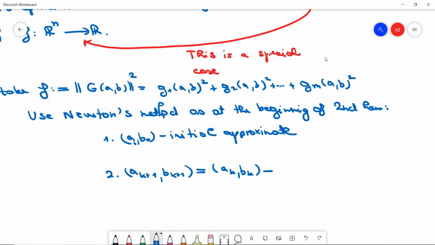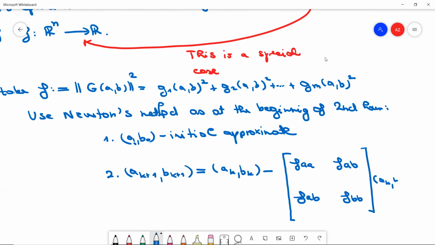So Hessian of F, what is this? We have a and b. So it's F with respect to aa, then F with respect to ab, and then F with respect to ba, which is the same as ab, and then F with respect to bb, calculated in the point (ak, bk).